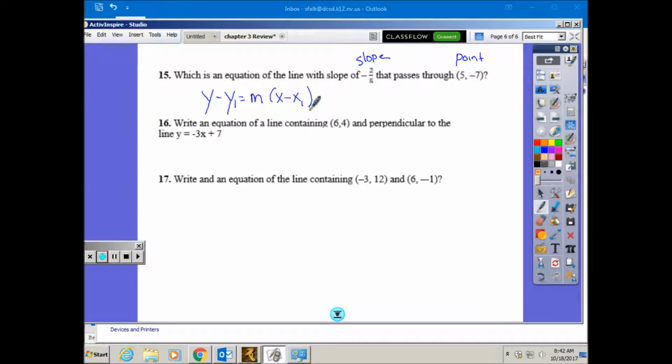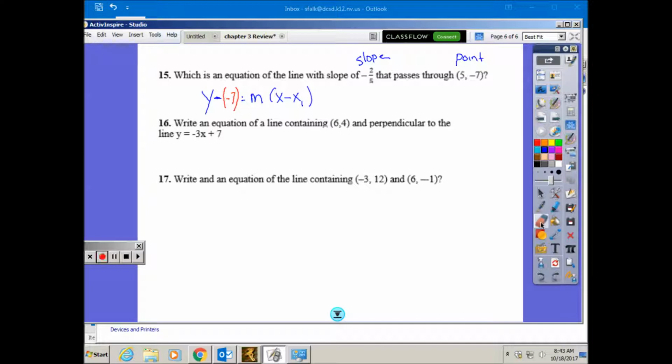So the y value in our point is -7. So I'm going to erase the y1. Remember, it originally says y minus my y value, which is -7.